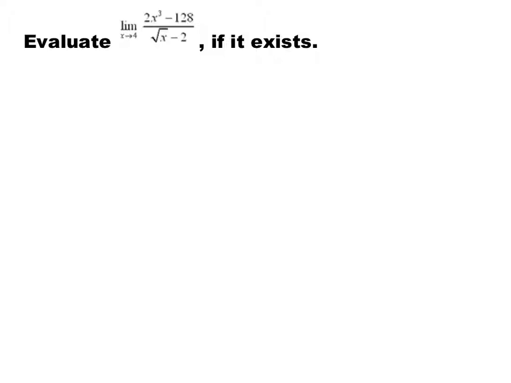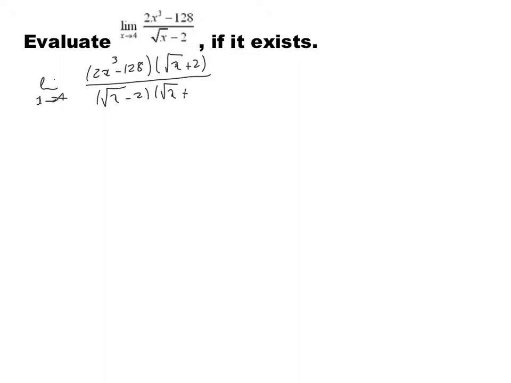So I'm going to multiply the numerator and denominator by square root of x plus 2. This becomes the limit as x goes to 4 of 2x cubed minus 128 times square root of x plus 2 over square root of x minus 2 times square root of x plus 2.